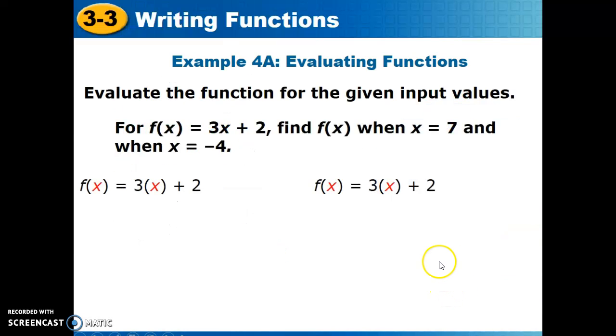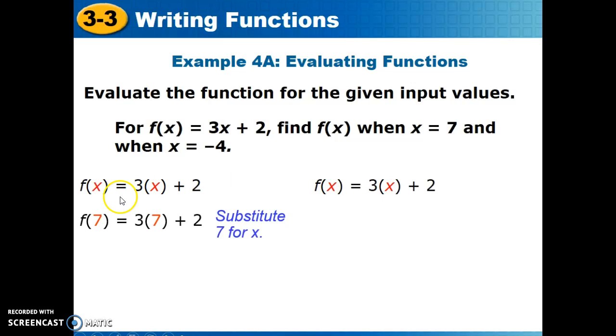Let's look at example 4a. If we want to evaluate these functions, we're going to input, just like the little machine we saw, a value for x, and what we get out, our output, is our solution. In function notation, f of x is equal to 3x plus 2. That's our first function. Find f of x, or find y, when x is 7 and negative 4.